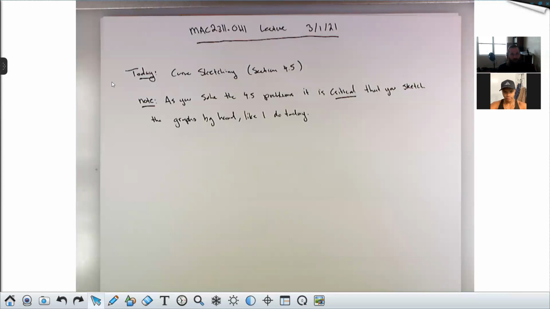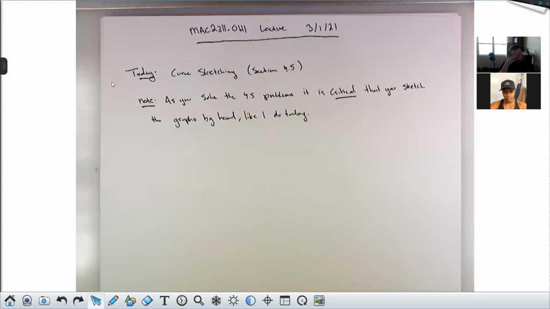That is not solving the problem. I want to be really clear about that. The point here is not clicking the right graph. The point here is drawing the graph and then matching it to the one that they present you. If you just go through, click the right graph and move on, you are not going to get what you should be getting out of these problems, not even close. So please, as you solve those problems, do what I'm doing today.